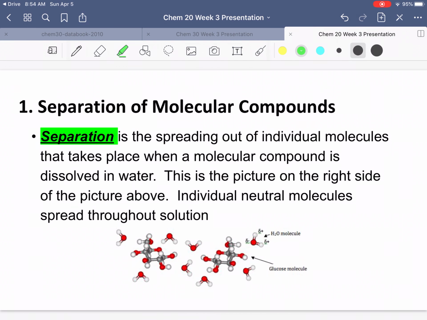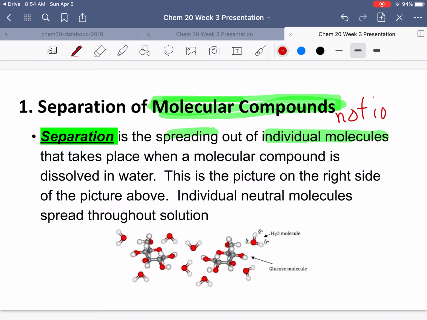So speaking of molecular compounds as our focus, remember, keep that sugar in the back of your head. This is where individual molecules spread out. And again, I have to emphasize, we're not talking about ions here. It's all about the molecules. So when that molecular compound is dissolved in water, the water molecules will surround the glucose molecules, the sugar molecules, or the sucrose, whatever type it is.